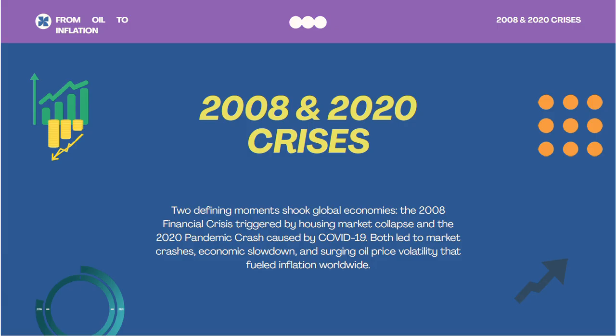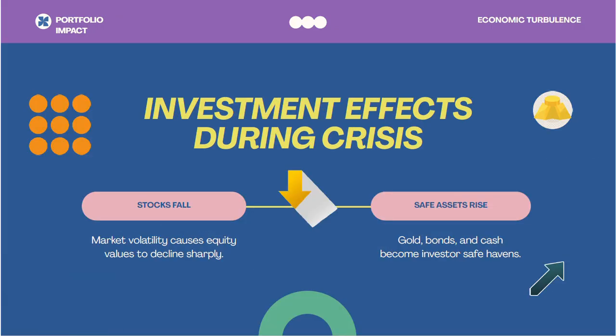Investors realized the importance of diversification. Two defining moments shook the global economy: the 2008 financial crisis, triggered by the housing market collapse, and the 2020 pandemic crash caused by COVID-19. Both led to market crashes and fueled inflation worldwide.